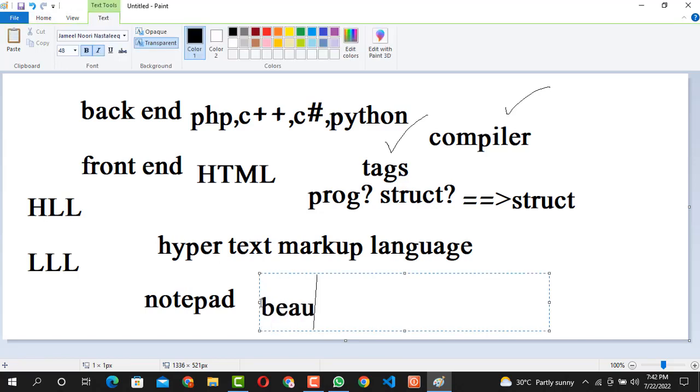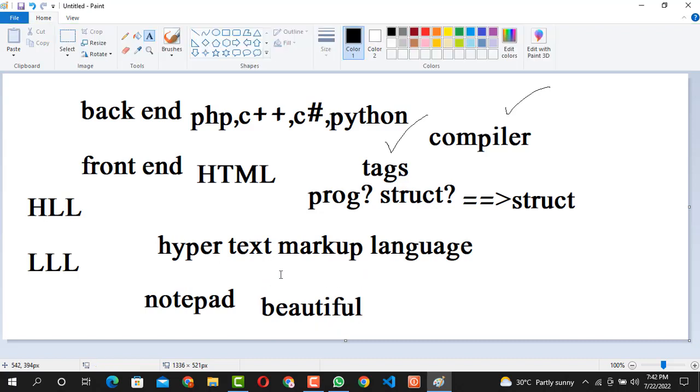Now, what is the meaning of beautiful in terms of writing code? Alignment in coding matters a lot, because when you are coding, you have to think that one day you will leave the organization in which you are currently working, so you have to write your code in such a syntax that the programmer who takes your place in the previous organization should be able to modify your code.